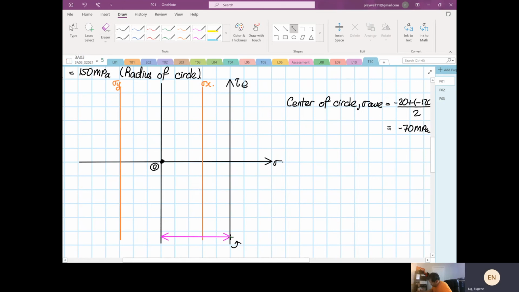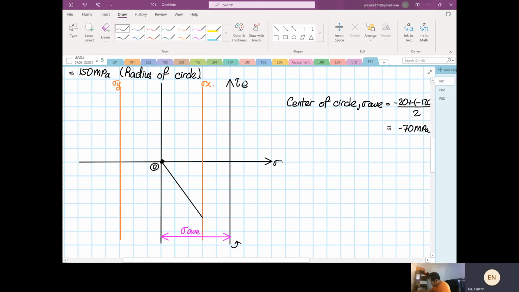We just calculated it. So given that our radius is, for example, this is our radius. So this is the radius of circle. Again, this is a sketch. So this is the radius of our circle.